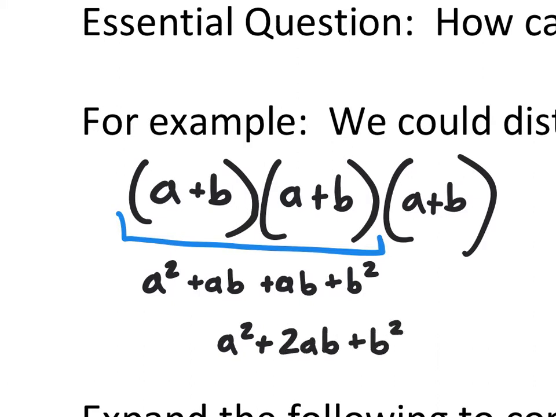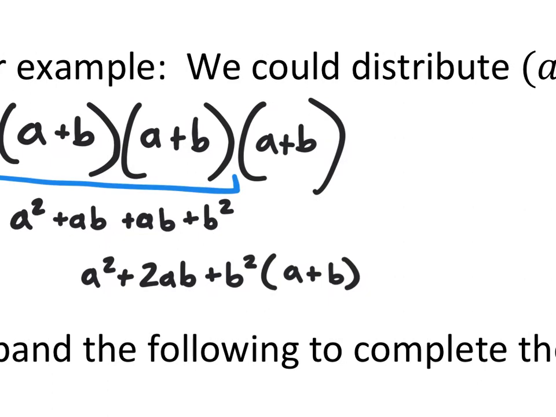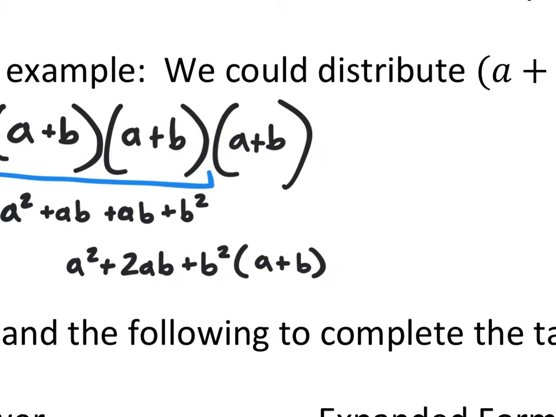And then we would take that result and multiply it by a plus b that third time. So I'll go ahead and list those out, starting with the a squared. I'm going to take each of these terms and multiply by the 2-term piece right there. So we'll get an a cubed plus a squared b.